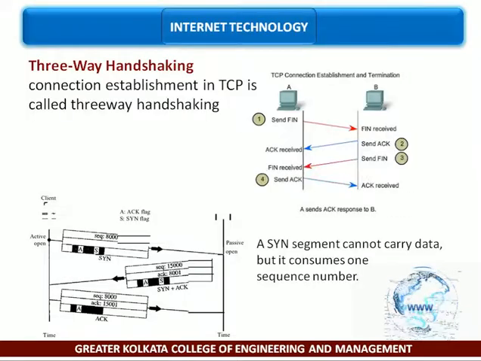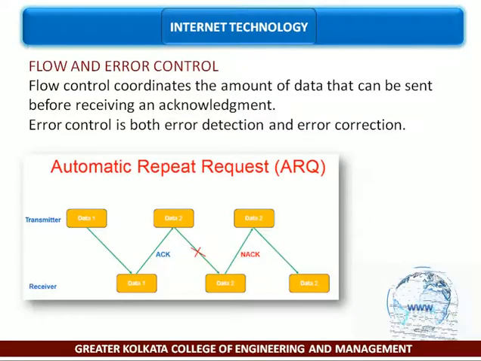Next, we will look at flow and error control. Data communication requires at least two devices working together, one to send and the other to receive.